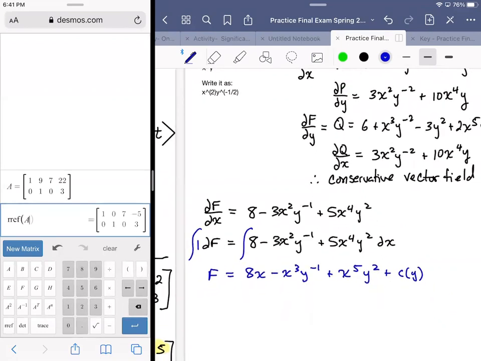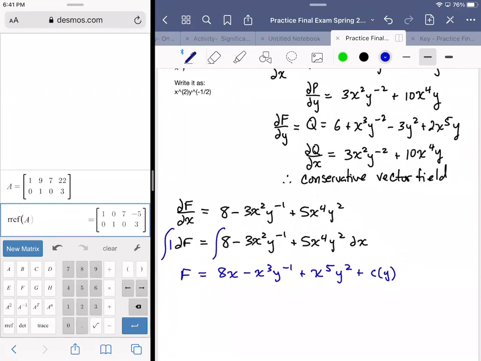But what we're going to do is not that. We're going to take the derivative of this with respect to y. So this will go to 0. The next one, the negative y to the negative first, is going to give us an x cubed y to the negative second, and then plus 2x to the fifth y to the first.